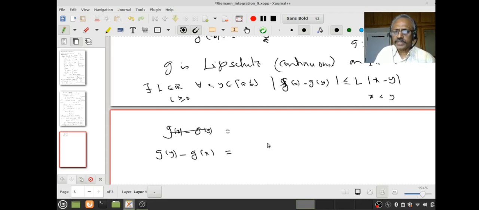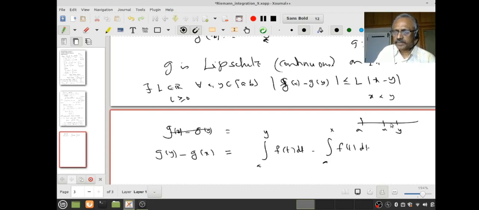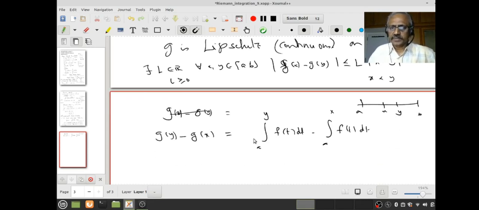Now what is g(y)? It is the integral from a to y of f(t) dt, and this is the integral from a to x of f(t) dt. Right, now I have a, I have x, I have y. You understand this? So what have we seen earlier? We had already known that the integral of f from a to y is the sum of two integrals, from a to x and from x to y.